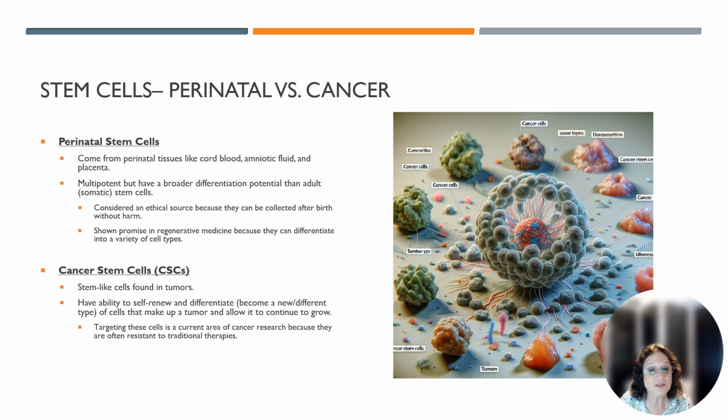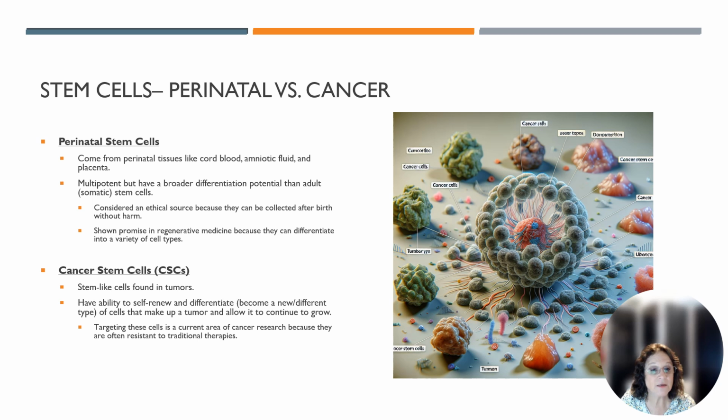The cancer stem cells, these are also stem-like cells, but they're found in tumors. They have the ability to do what a lot of stem cells do. So they can self-renew, they can differentiate and become a new or different type of cell, and they're going to allow the tumor cell to grow and to keep getting bigger and bigger.